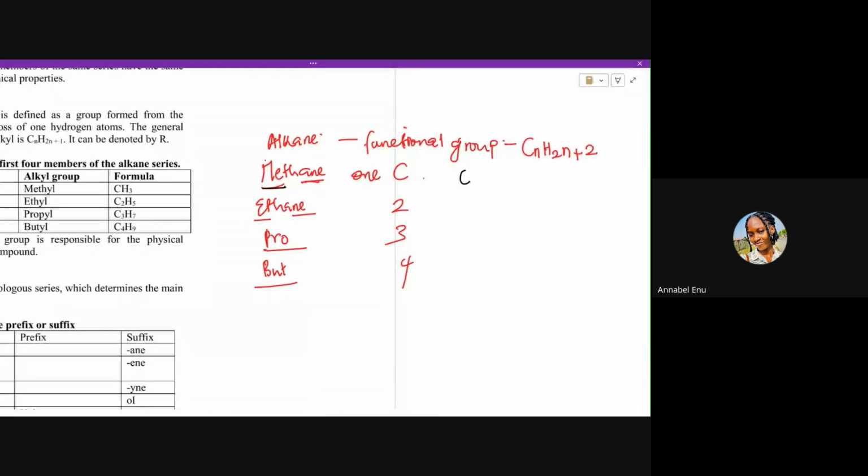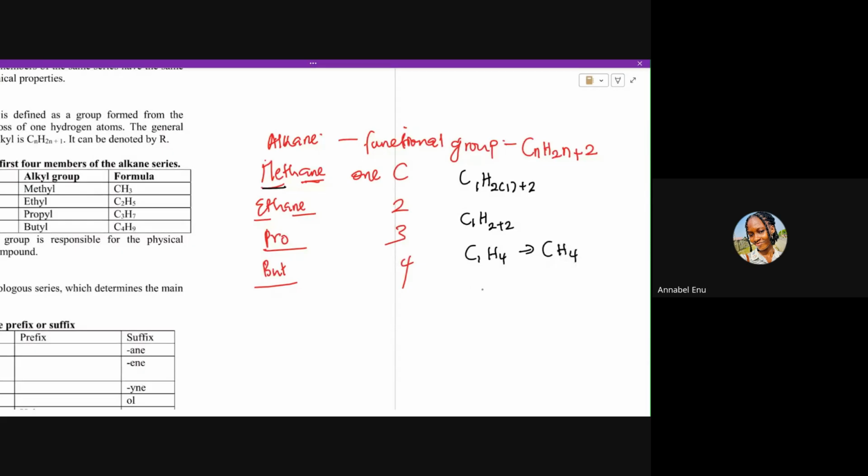So this is C1. We are replacing n with 1. H2 times 1 plus 2. This will now be C1H4. We don't have to write the 1, so it's CH4 for methane.